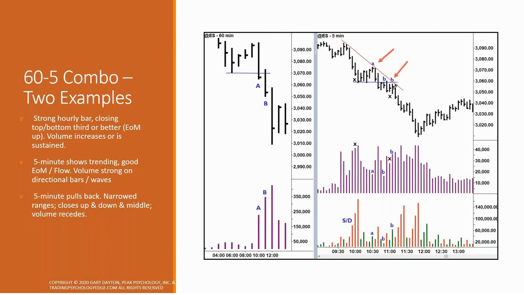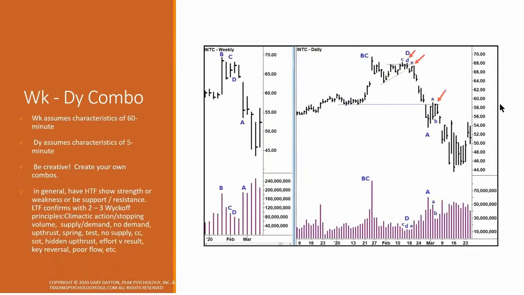And we get that right here, really the last bar here, this up bar on lighter volume would be a good spot to short, as is the first B bar here as well, showing light volume and no demand. So anywhere in here is fine to short, and then we come on down. So that's two examples of the 65 combo. Let's take a look at it on the weekly daily.